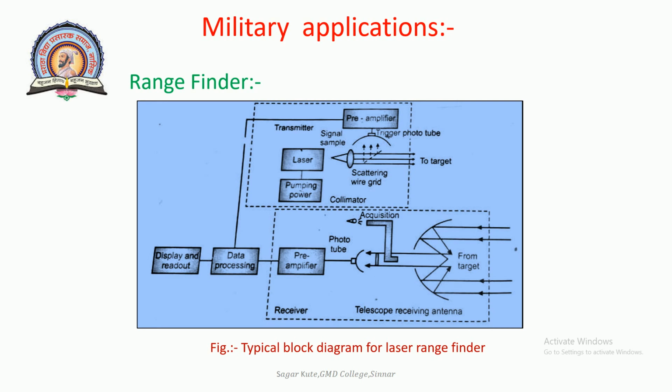However, to destroy an enemy weapon, a high intensity laser beam having power of megawatts is needed. The major problem involved in this is that when the laser beam travels through the air, it is absorbed to a small extent.